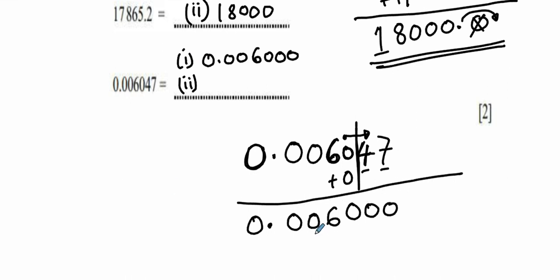Some people will start cancelling all these 3 zeros, because the teacher said you can cancel the zeros on the right hand side of the decimal point. They are right. They are trying to quote the teacher. But they are forgetting that this zero was a significant figure.